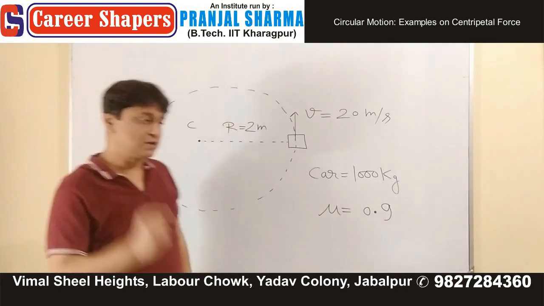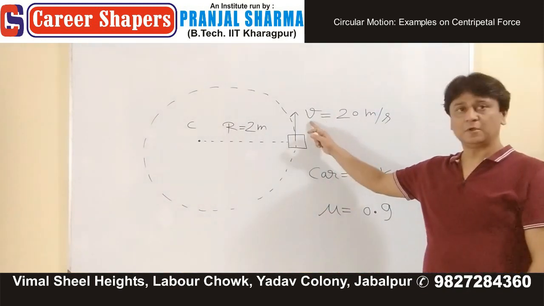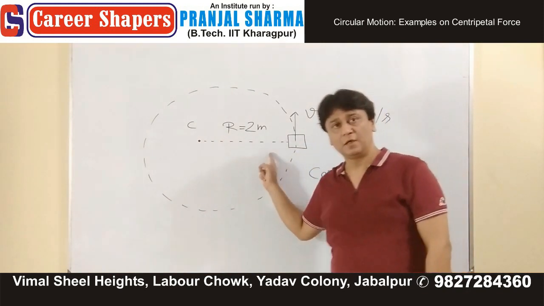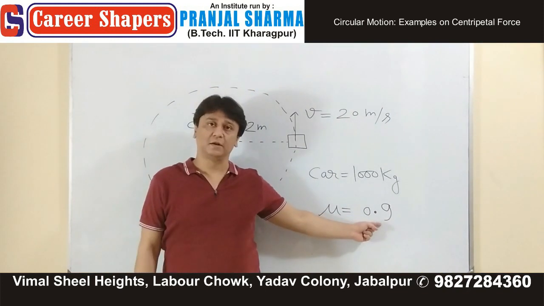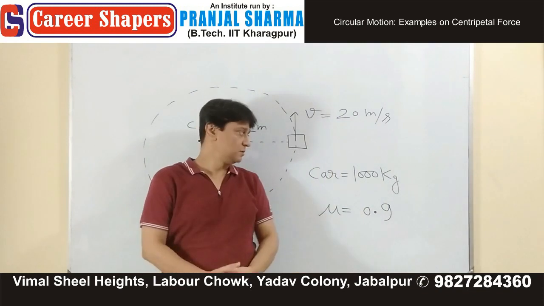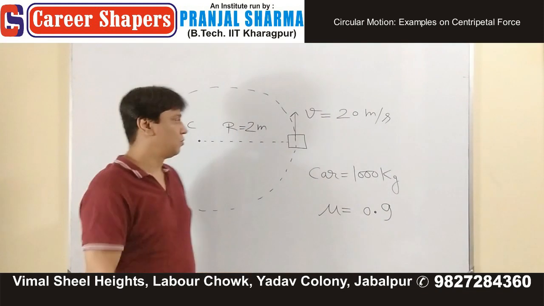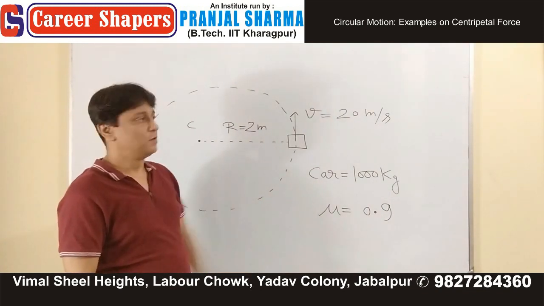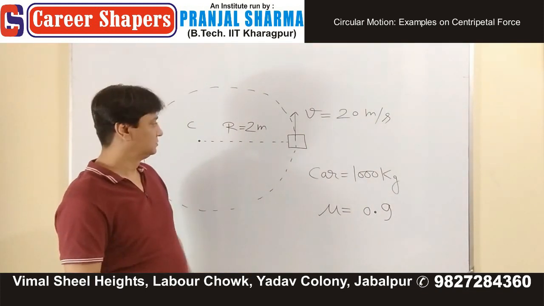So the question is asking you, for the given speed, for this road which has a radius of 2 meter and friction between tires and road is 0.9, is it possible that you can take the circular turn? Yes or no? And then you also need to find the force of friction. Let's see how much you can attempt.